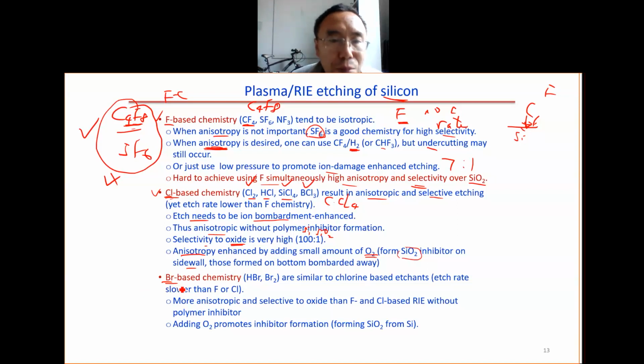For bromine, it's even more like this. It's more anisotropic and more selective to oxide than fluorine and chlorine. Adding oxygen gives you inhibitor formation, and this gives you more anisotropy, but the etching rate will be slower. So the etching rate is fastest for fluorine, then chlorine, then bromine. Among the fluorine gases, this will etch the silicon the fastest.